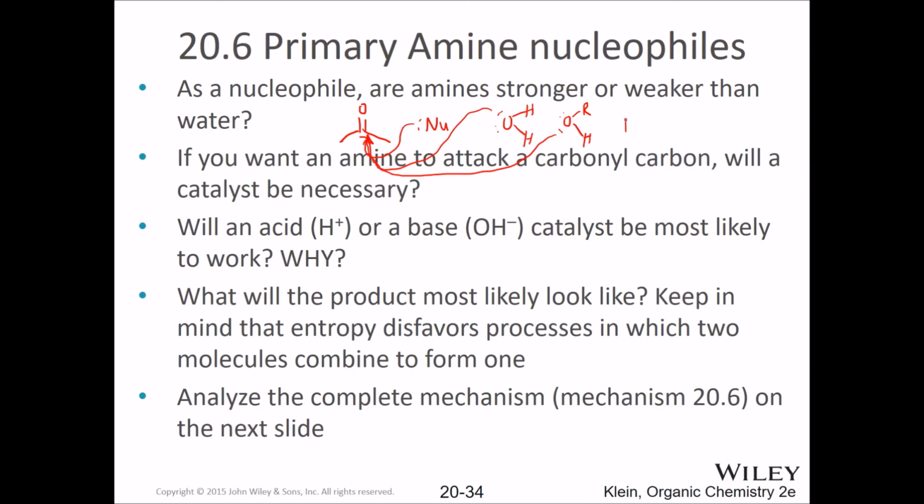Now what we're going to do is something even more similar. Well, no, it's not really more similar, but I guess the next story. It's a similar thing though. Can you see how this is going to be the same? Because I have a lone pair of electrons on an electronegative element, a lone pair of electrons on an electronegative element, a lone pair of electrons on an electronegative element.